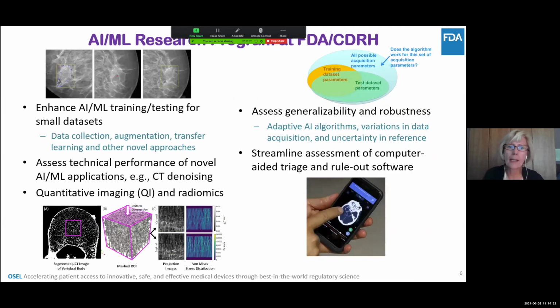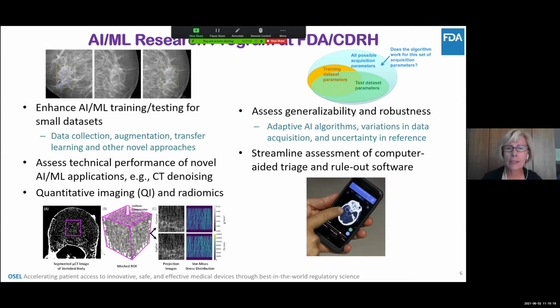So our AI/ML research program at CDRH is quite broad because the questions that exist in the evaluation of these technologies are many. And so I'm going to give you some examples in the slides of the work that we're doing to support the development of novel approaches to expanding data sets for training and testing of AI/ML algorithms.